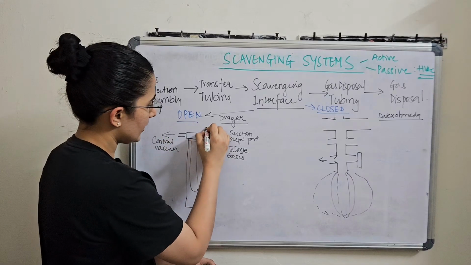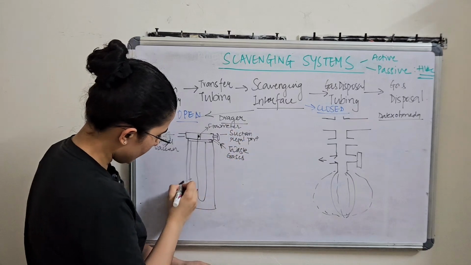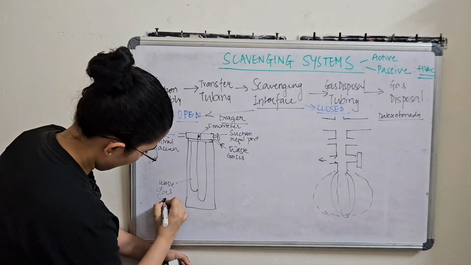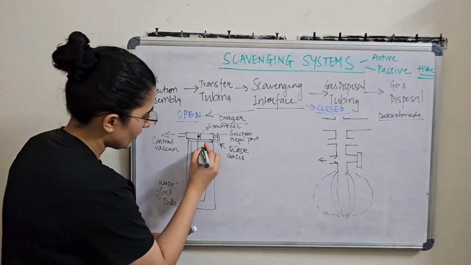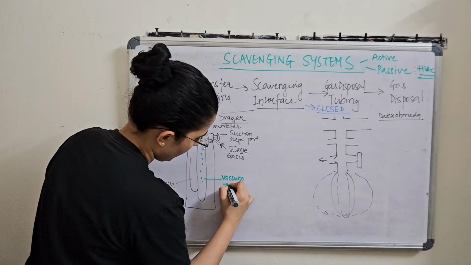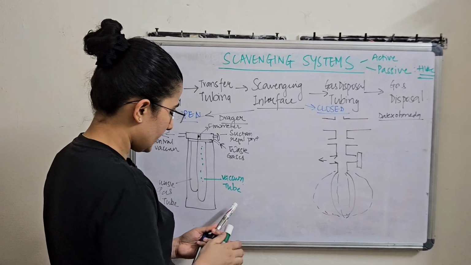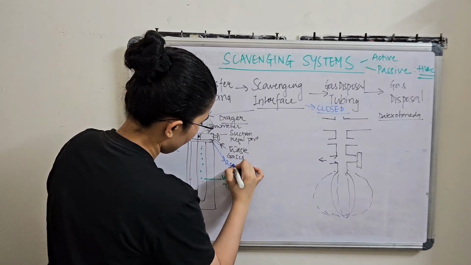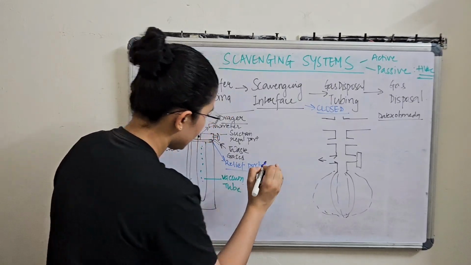Here is the flow meter, and this is the waste gas tube. This one is the vacuum tube. There is also a special valve, a relief port.